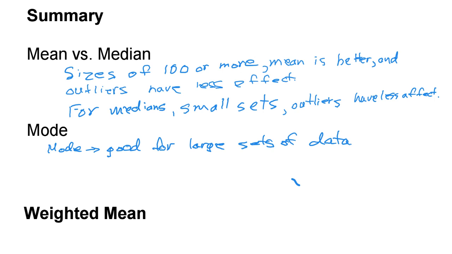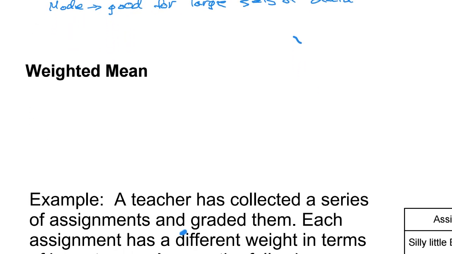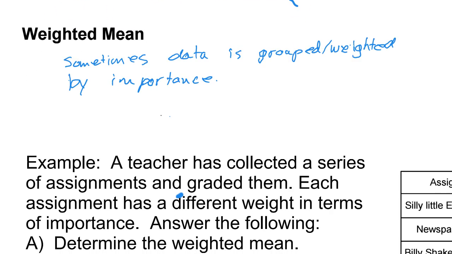All right, let's go on to the weighted mean. Sometimes data is grouped or weighted by its importance within a group. When we calculate the mean in this case, you're going to call it x bar, which is equal to the sum of the weight times the x value.